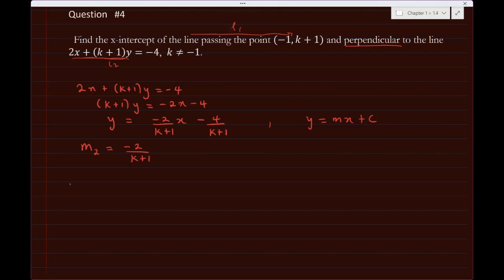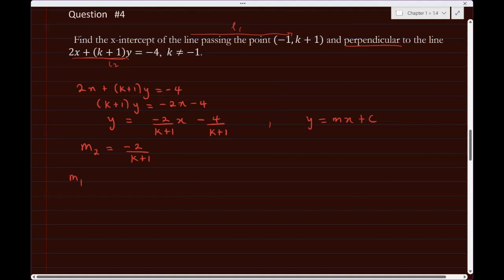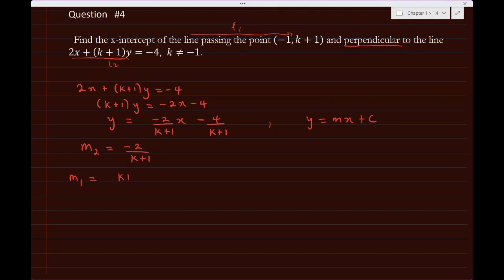So I will say that m1 is simply the negative reciprocal, which is going to be (k+1) over 2. This negative will go because we know that if two lines are perpendicular, the product of their slopes must be -1.